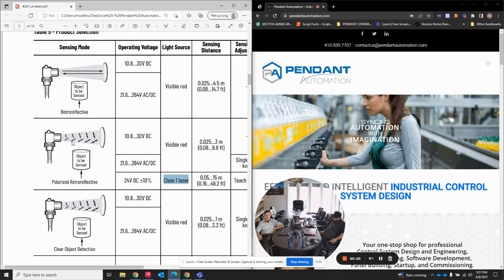And so the next thing I want to talk about is mounting of the photo eyes and what we do. So like at Pendant, we have our own bracket, and yeah, it's expensive, but there's also some peace of mind with this.